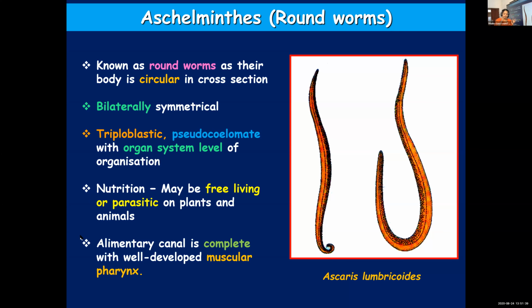In a complete system there are two separate openings, one functioning as the mouth and the other for excretion as the anus. So the alimentary canal is well developed, with a well developed muscular pharynx.